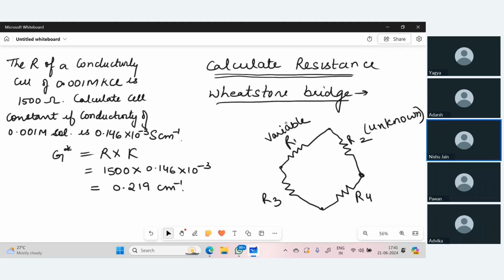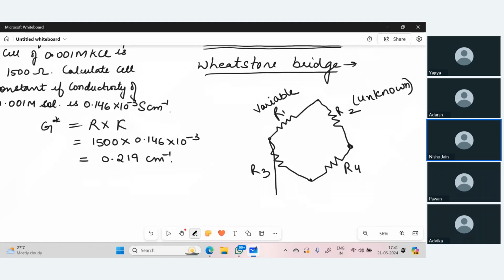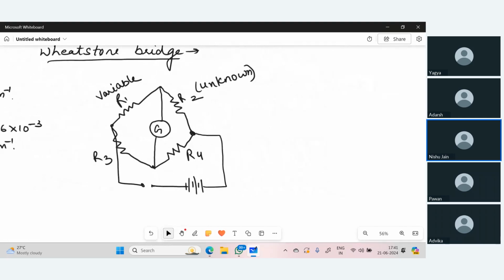R3 and R4 are the fixed resistances, and they are connected with a key and a battery. These points are connected with a galvanometer to check the current. So you have to adjust the resistance R1 in such a way that the galvanometer shows the null point.